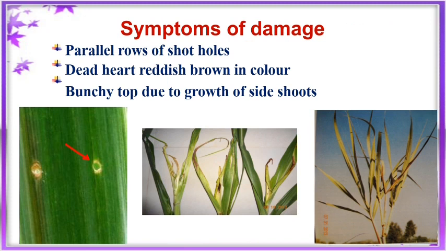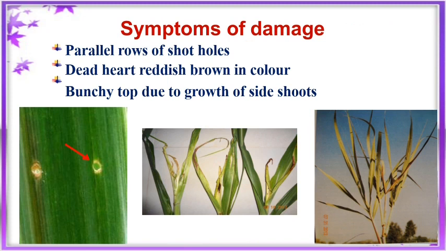That is called a shot hole appearance, and this is the characteristic symptom produced due to the feeding of the caterpillar of the top shoot borer. At the initial stage the early instar larva feeds on the leaves and makes irregular holes in parallel rows. In the first picture, this is the shot hole appearance.